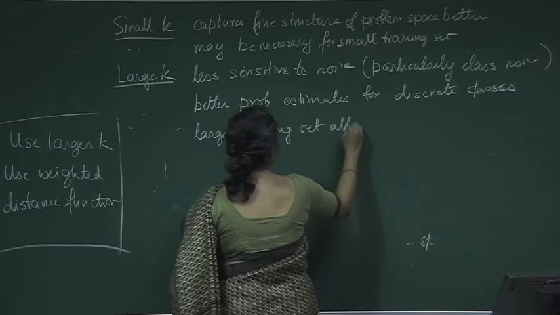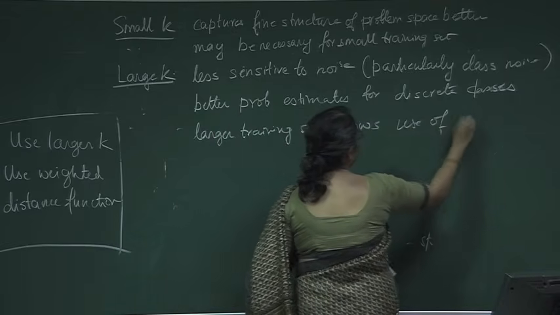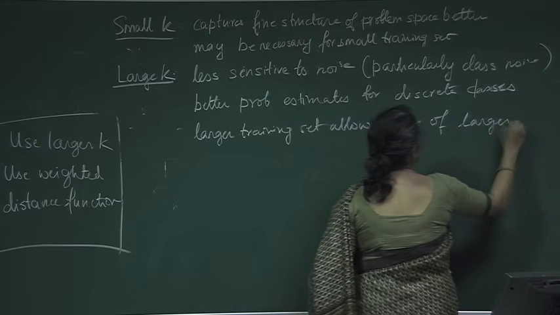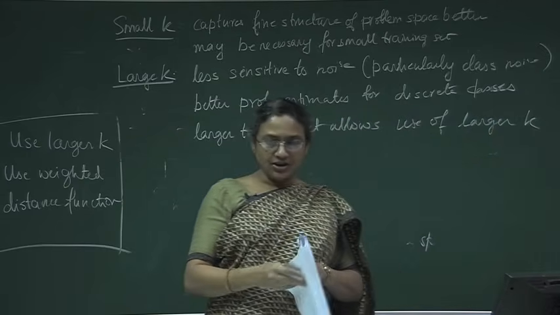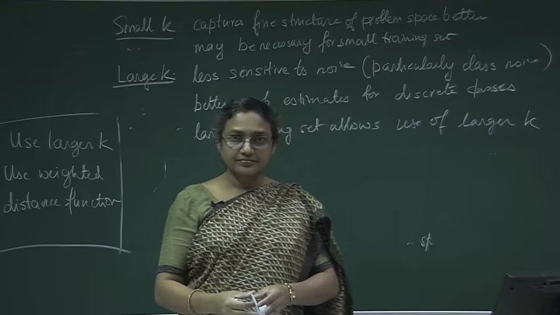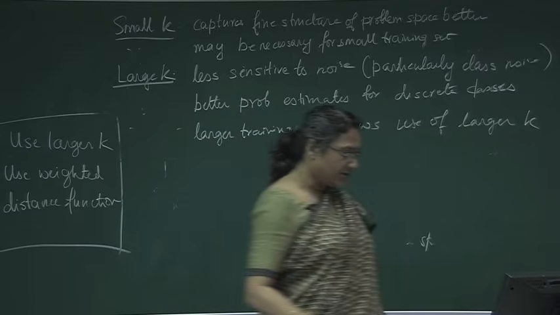If you have a very small training set, you cannot use large k, you have to use small k. So, this is the basic idea of getting different values of k.